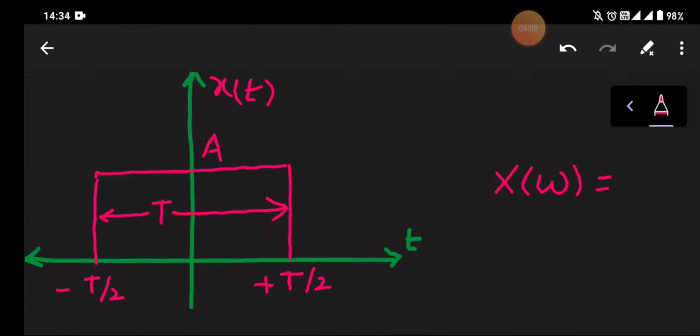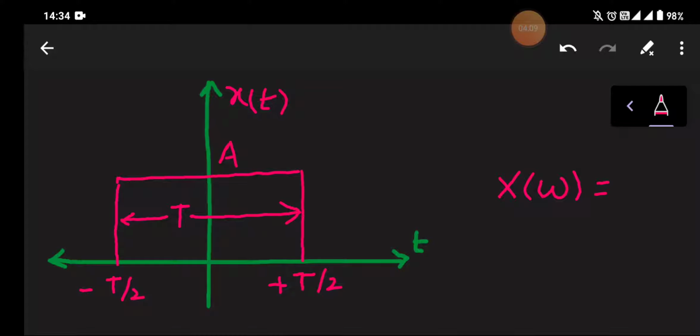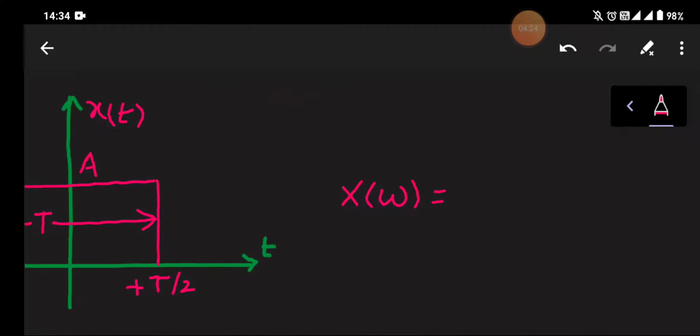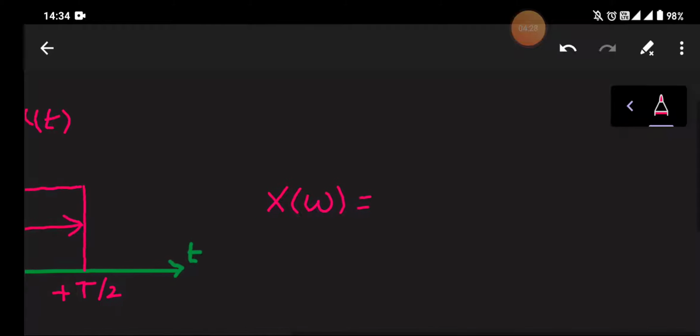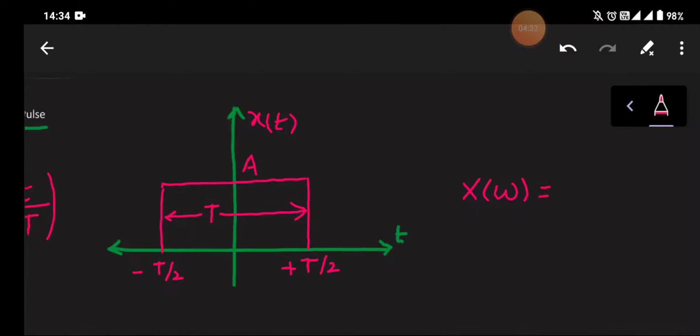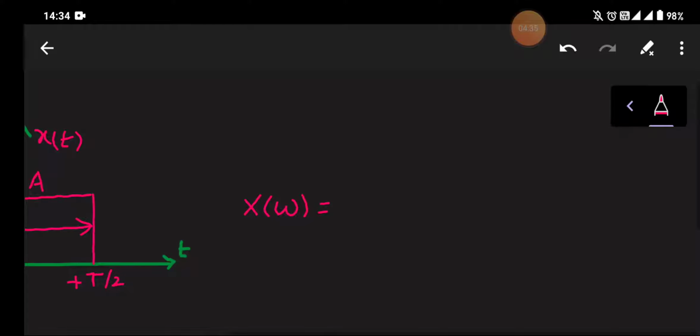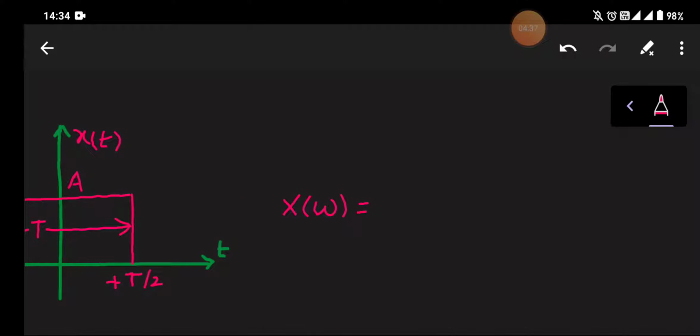Here, the signal is 0 outside this time period, and this is a finite duration signal, so we will consider the limits from minus T by 2 to T by 2, and the signal has the value A. So we have the integral from minus T by 2 to T by 2 of A multiplied by e to the power minus j omega t dt.